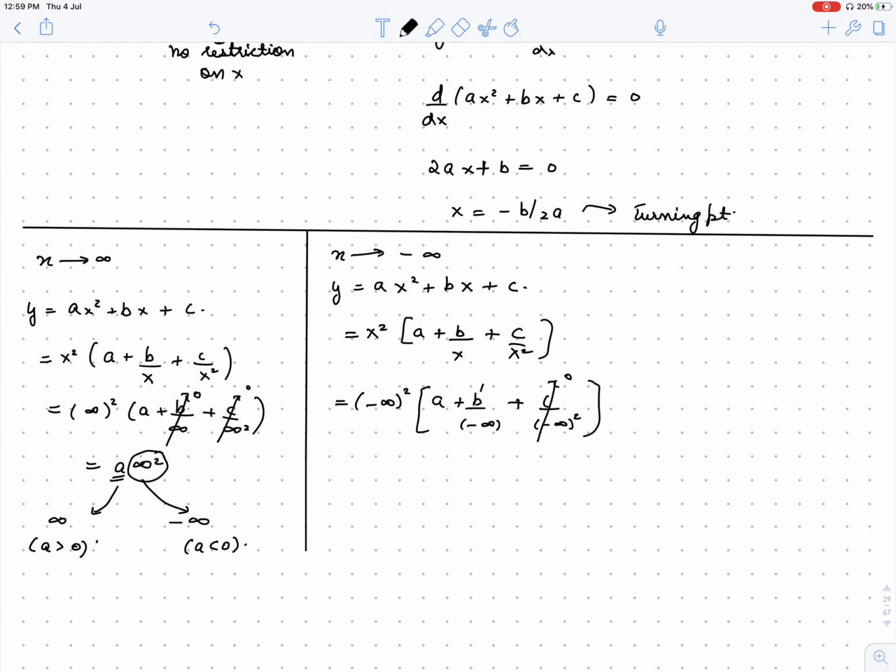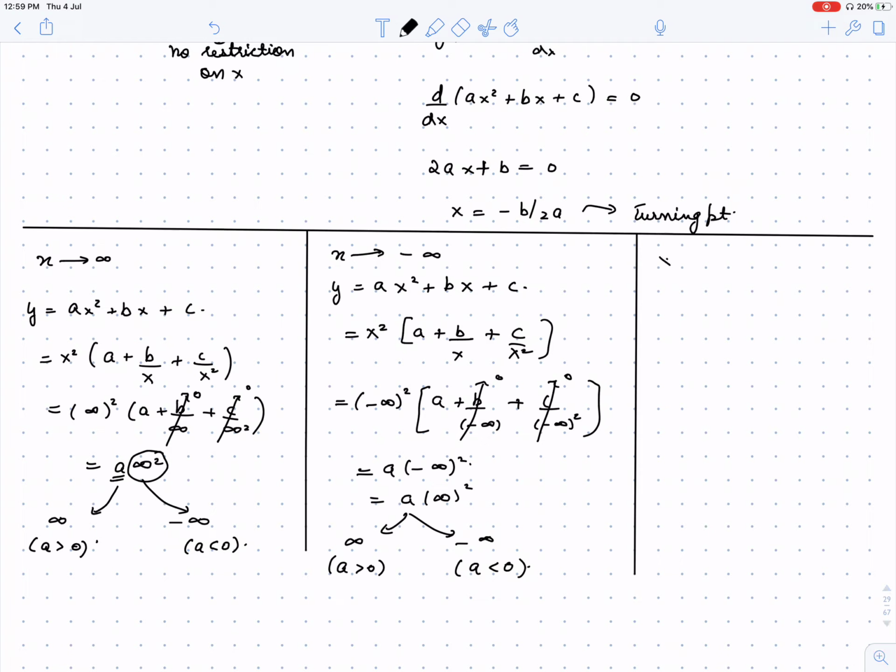Any number divided by infinity becomes 0. So it is a times minus infinity whole square. And when you square a negative number, it becomes positive. So this is a times infinity square. Again, it is the same as the previous case. It may tend to infinity or minus infinity. It would tend to infinity if a is positive, and it would tend to minus infinity if a is negative. So everything depends, up till now, on a.